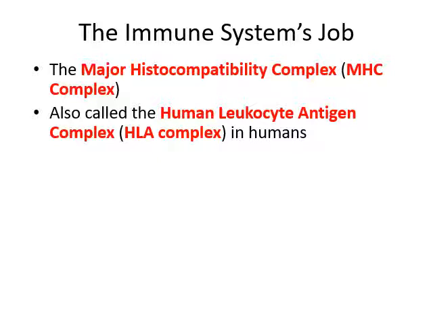There's a complex of genes, a whole collection of genes that code for a bunch of little proteins found on the surface of every one of your cells. Depending on whether you're a biologist or a medical doctor, those proteins are referred to as the major histocompatibility complex, abbreviated MHC, or the human leukocyte antigen complex, the HLA complex.